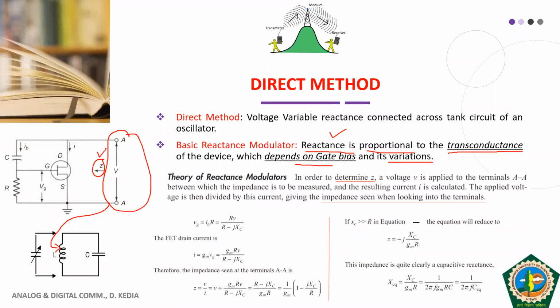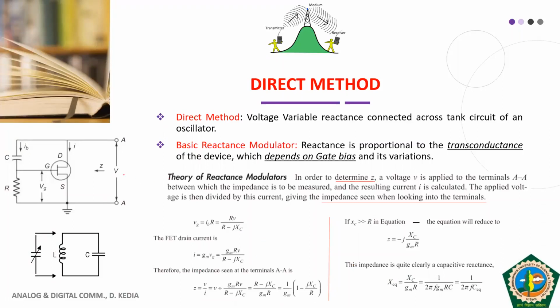So indirectly our reactance becomes voltage variable through transconductance. That's it. Otherwise the rest of the mathematical expressions are very, very simple. They look like they are difficult, but they are very simple.